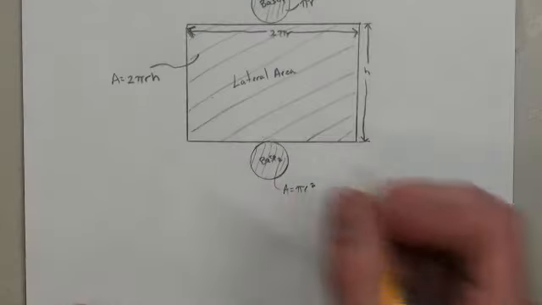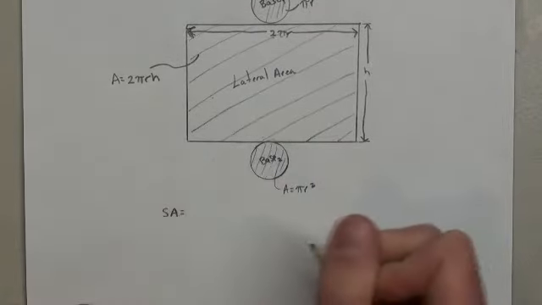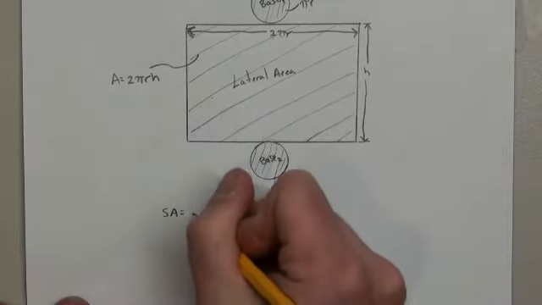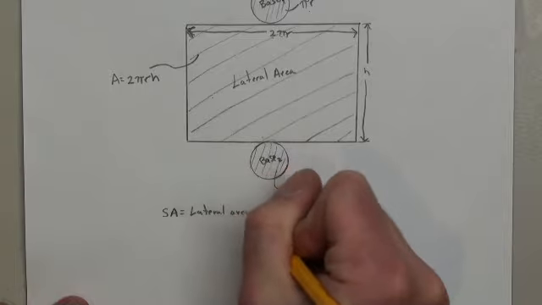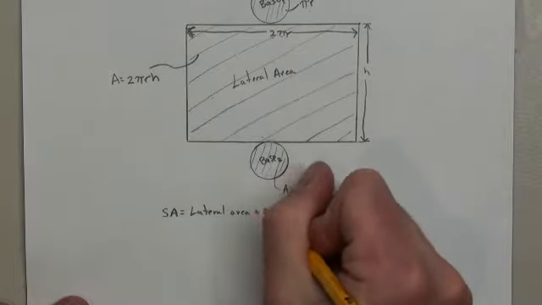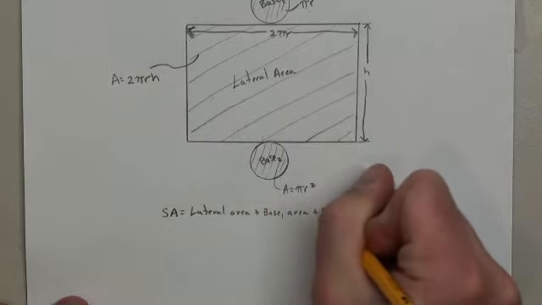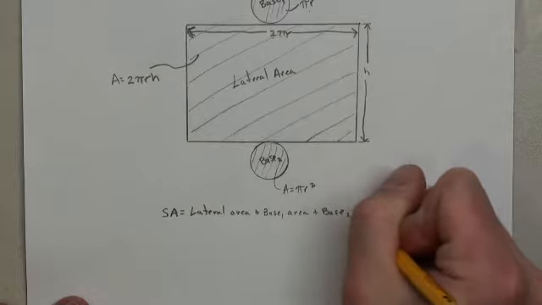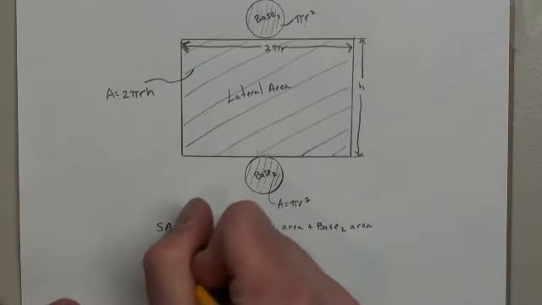So let's write down here: my surface area is my lateral area plus my base 1 area plus my base 2 area, right? It's the sum of all the areas. Now let's just plug in what we have.